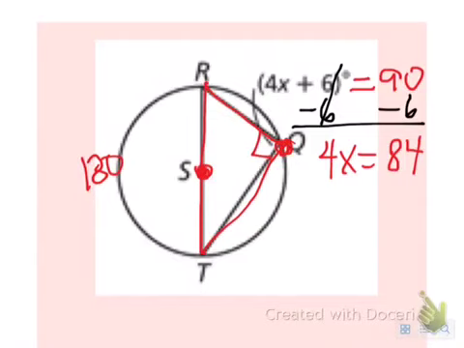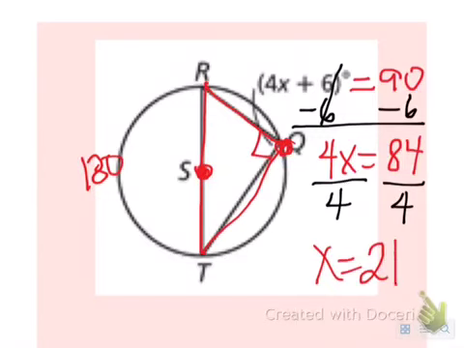And then to solve from there, I need to divide both sides by 4 to isolate the x. So 84 divided by 4 would be 21. So I've used the theorem. It says the inscribed angle will be a right angle if it forms half a circle. And I've solved for x.